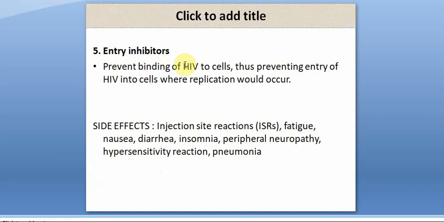Next one is entry inhibitors. In case of entry inhibitors, these will prevent the binding of HIV to cells, thus it will prevent the entry of HIV into the cell. So this also will prevent the viral replication, and most of the time these entry inhibitors may result in side effects like rashes.